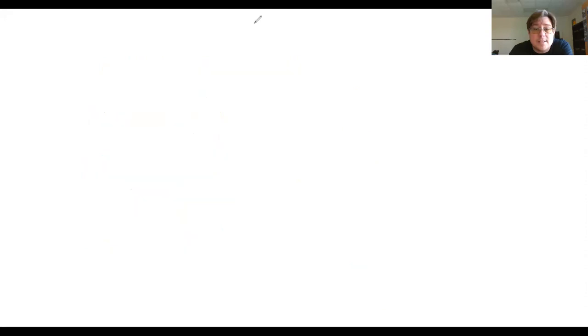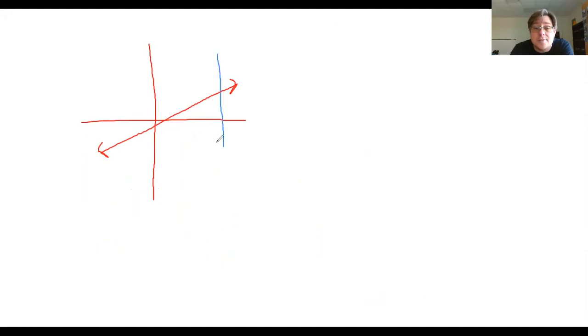All right, so let's say we have one of our good old friends, a linear equation of some kind. So this is some y equals mx plus b. It's a straight line going up and across. And now we can start drawing vertical lines. If I draw a vertical line anywhere I want, it's only going to touch the graph one time. So this is a function.